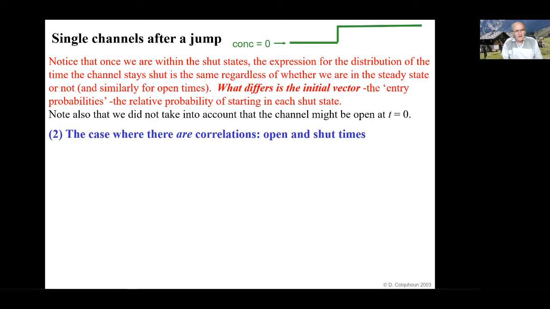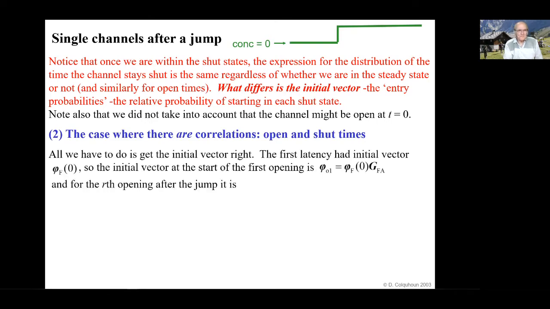So let's now deal with the more general case where there are correlations between open and shut times. Again, it turns out that all we have to do is get the initial vector right. The first latency distribution had an initial vector given by that.